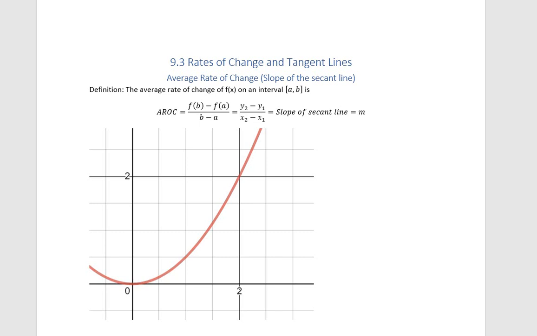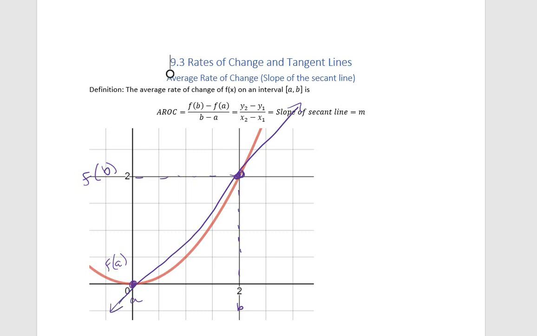So here's what that would look like on a graph. You would have a point A, and then you'd have another point, let's say it's here, B, and then the y-coordinate would be f of A, and here the y-coordinate would be f of B. So the average rate of change would be the slope of the line that connects the 2 points.